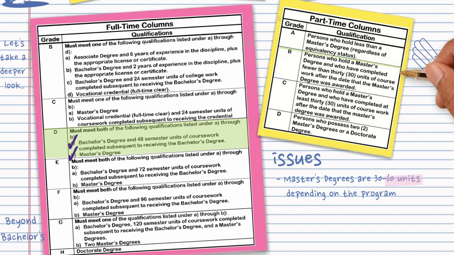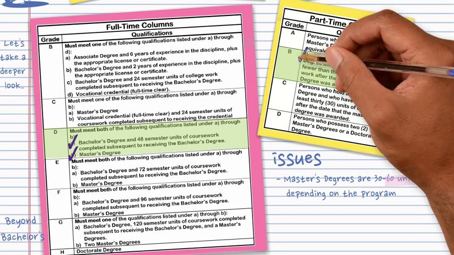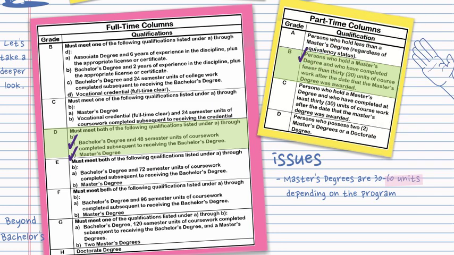That same person would be placed on the part-time grade B because they hold a master's degree. However, since this is only counting units past the master's degree, they have 0 extra units that count toward their grade placement. This means, as a part-time faculty, this person would need to earn 30 more units to advance a salary grade.